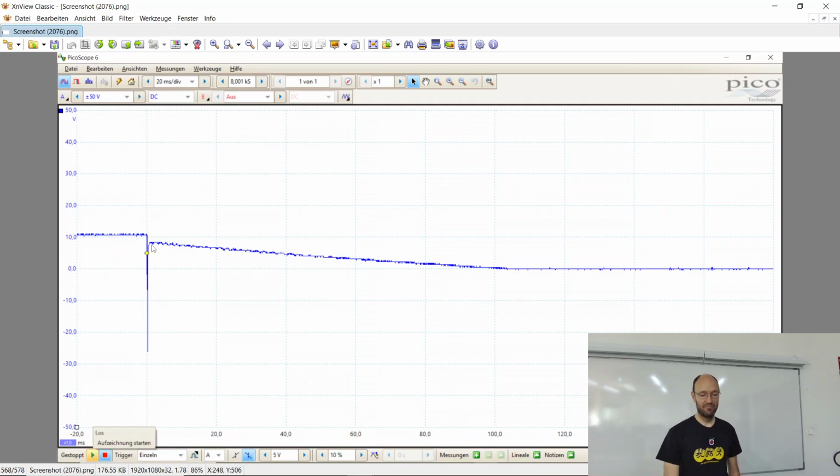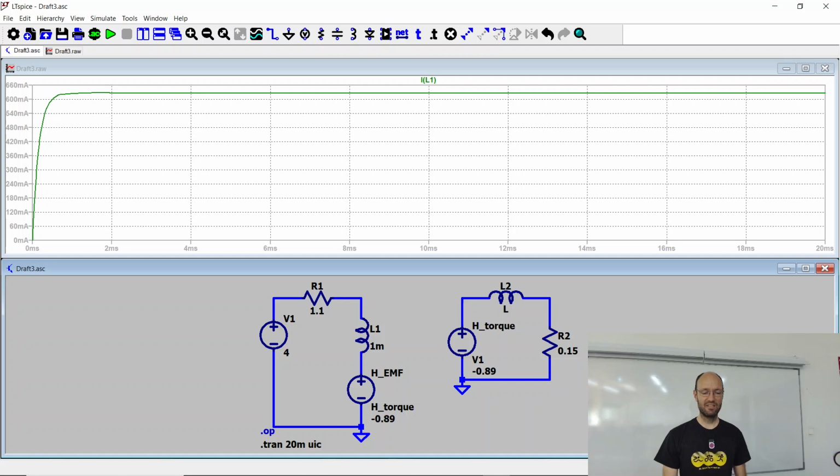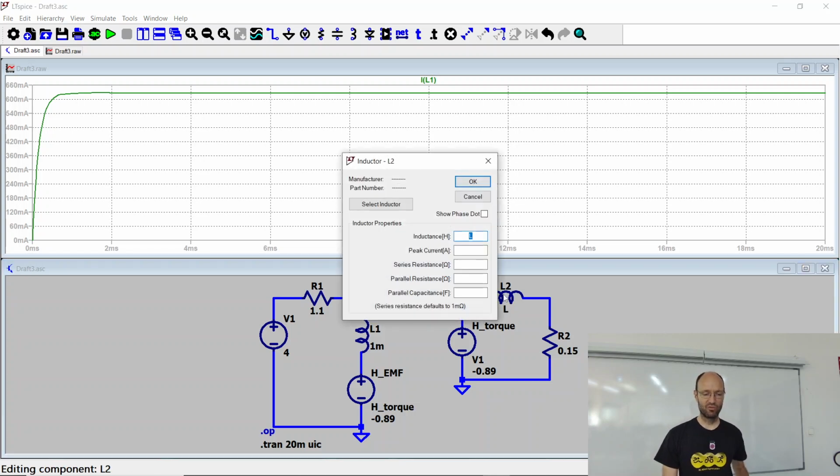Yeah, and so there we also had some friction. We started with the 12 volts. It's a bit difficult to calculate what inductance we have now. But if we start with something in the millihenry range, once again, it should not be that wrong. So let's also maybe start with 10 milli or so. I'm not sure.